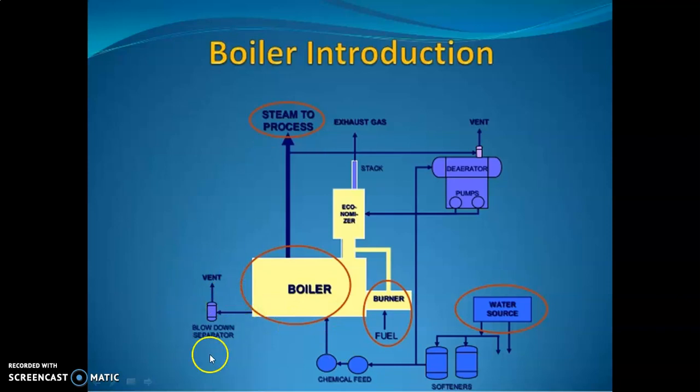Here a blow down valve is there. It is used to remove the sediments. By heating the water, steam is produced. The produced steam goes to useful purposes. Here a deaerator is there. It is used to remove oxygen and other dissolved gases from the water.